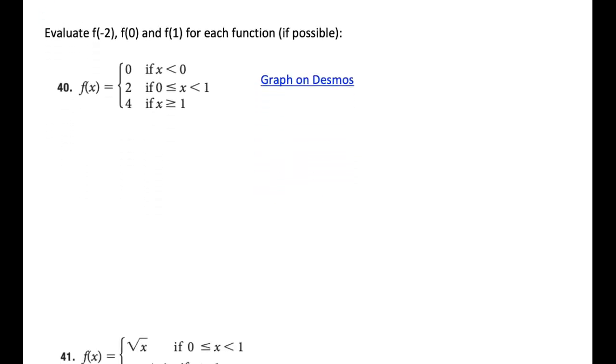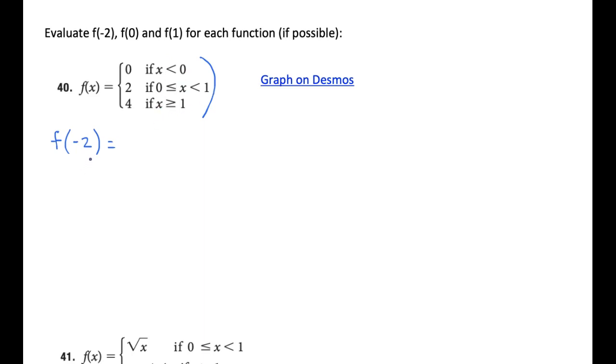All right, so evaluate f of -2, f of 0, and f of 1 for each function if possible. So, f of -2 we're going to start with. And these are a little bit different because you have to think, well, what is -2? -2 falls somewhere in these three conditions. -2 is either less than 0, between 0 and 1, or greater than 1.